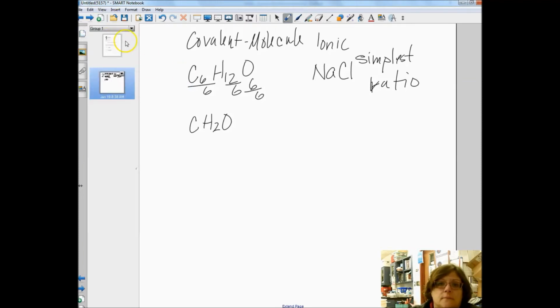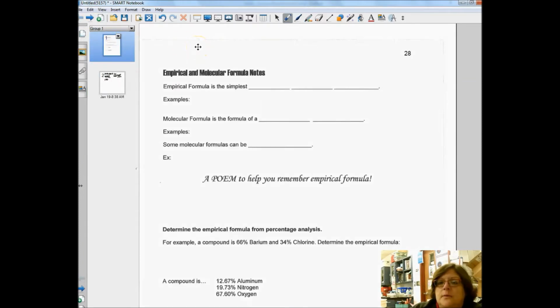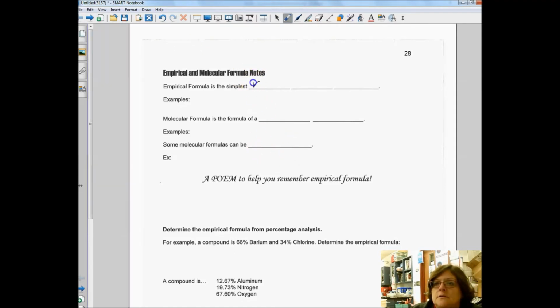That's what we're talking about here. So the empirical formula is the simplest ratio of atoms in a molecular formula. Okay, example, the one I just gave you, C6H12O6, the empirical formula would be CH2O.